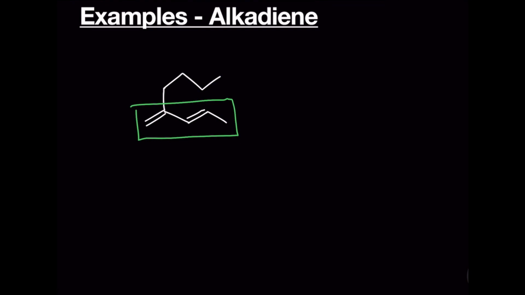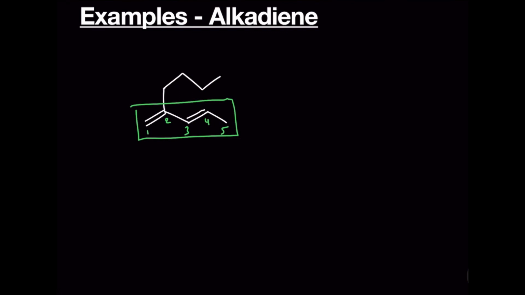You should not choose anything else. So 1, 2, 3, 4, 5. That's our parent chain. At one position, stereoisomerism is not possible because both of them are hydrogens, but at 3 position, stereoisomerism is possible. So how to do the naming?